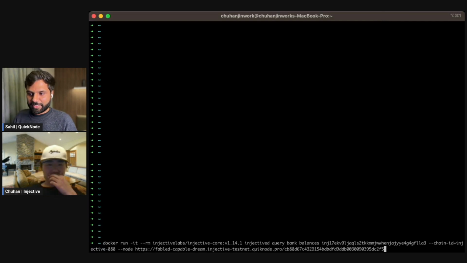Okay, so I will expand this command. It looks scary, but actually it's not scary. I'm running injectived, which is a command line tool from the Injective team. It allows you to interact with the Injective blockchain, submit transactions, or interact with the modules. It's all powerful in one tool.